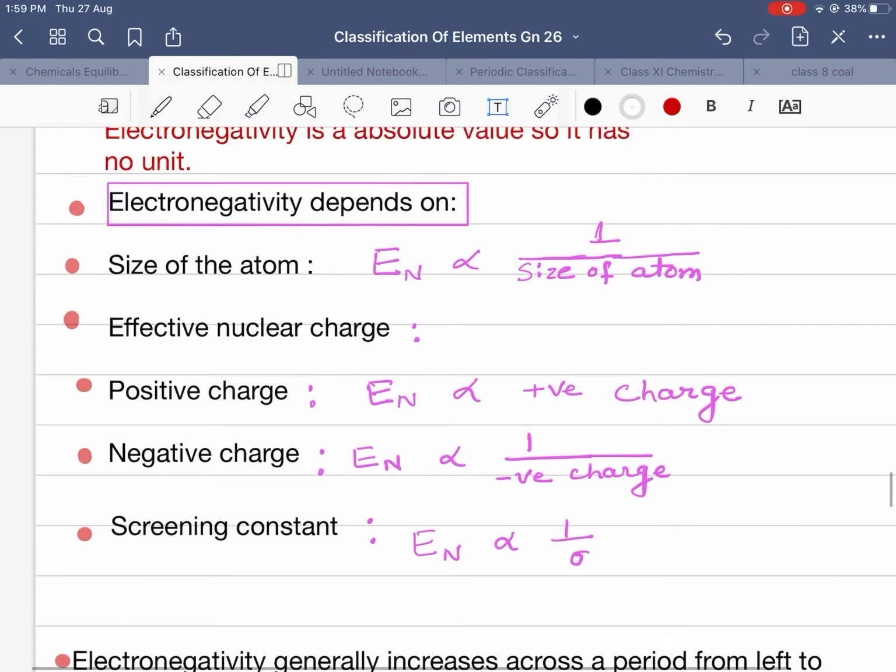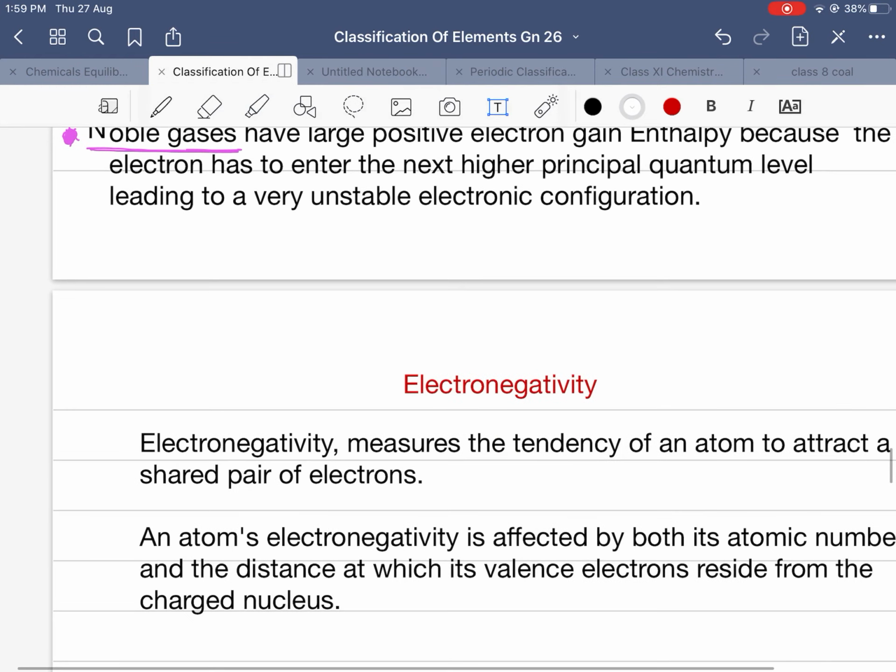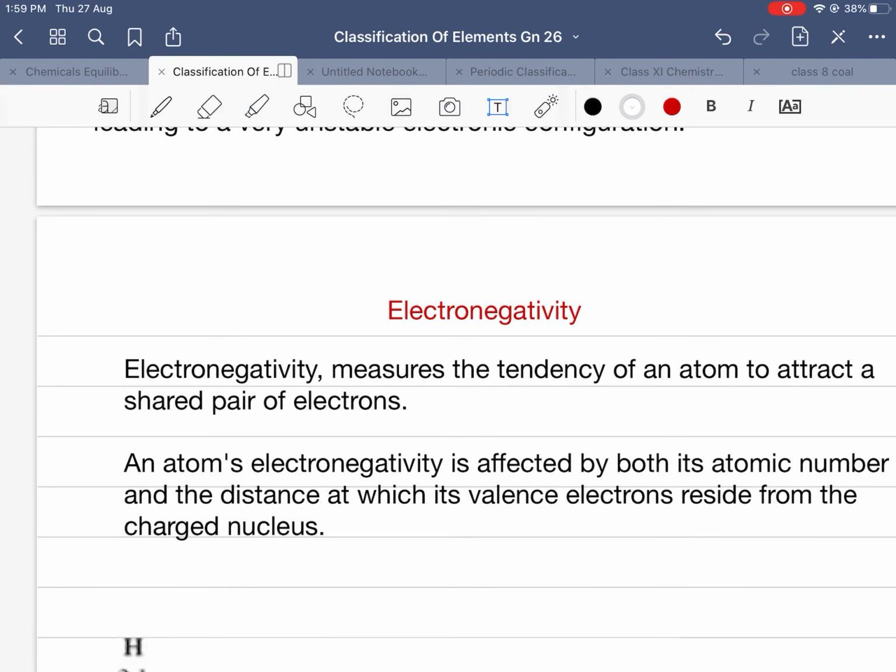Next is electronegativity. Electronegativity is the power of an atom in a molecule to attract the bonded electrons towards itself.